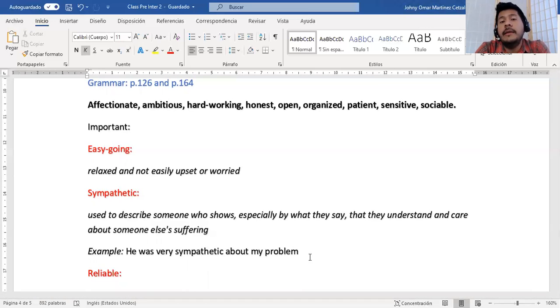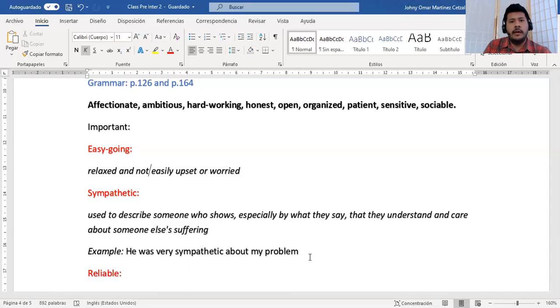For example, if somebody dies in your family, and in my case, my father and my mother and my grandparents haven't died, I don't really know how it feels, but I can understand that you are suffering, that you have pain, okay? It's more connected to empathy. You are empathetic, which is similar to sympathetic, okay? You feel or you understand another person's feelings, even if you haven't experienced them.